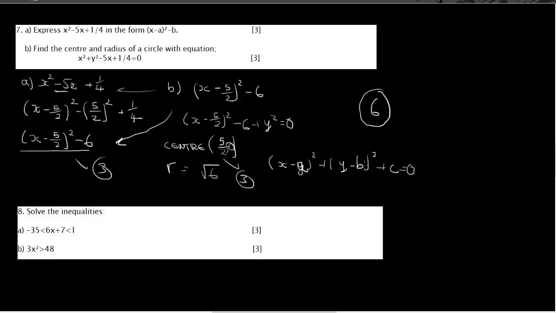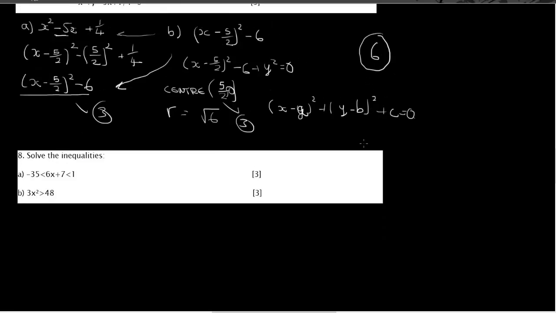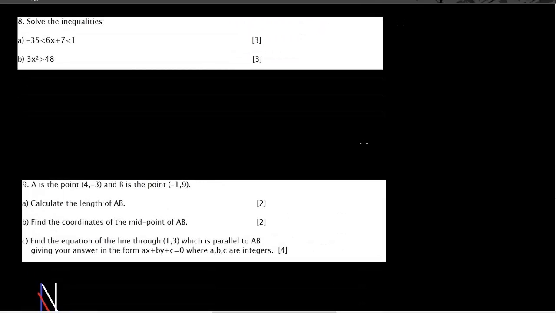So 6 marks there. Question 8. Solve the inequalities. First we've got minus 35 is less than 6x plus 7, less than 1.